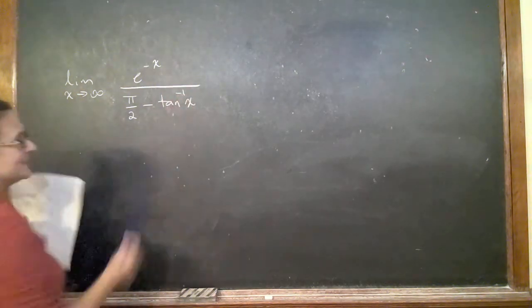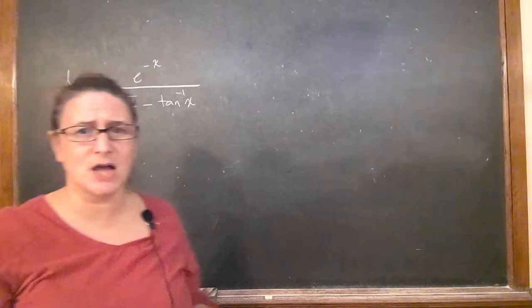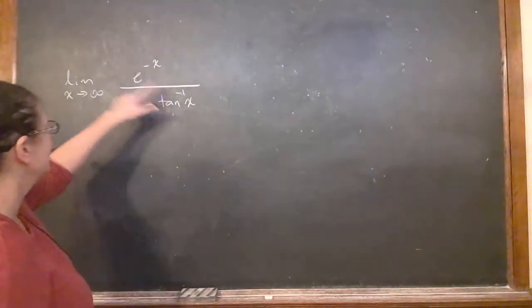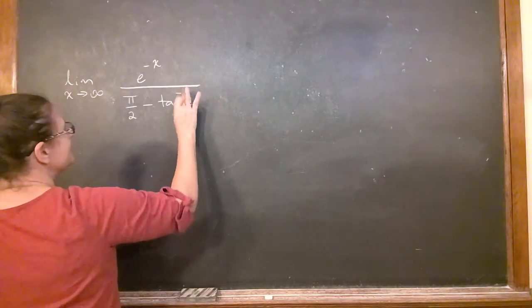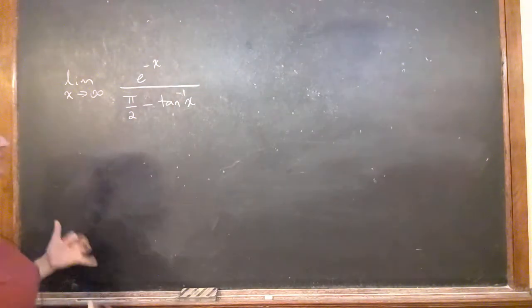This one might look bad to you because it's got an inverse tan and an e to the minus x, and it's going to infinity.